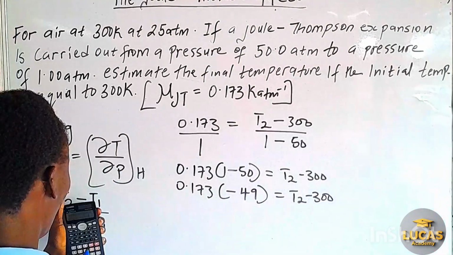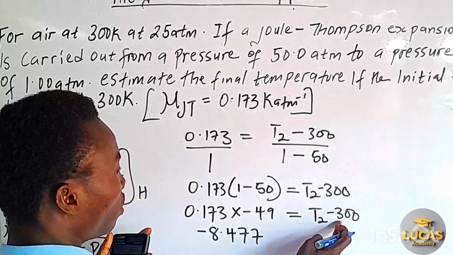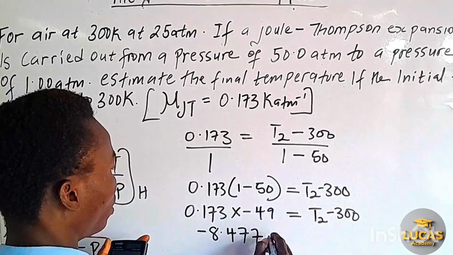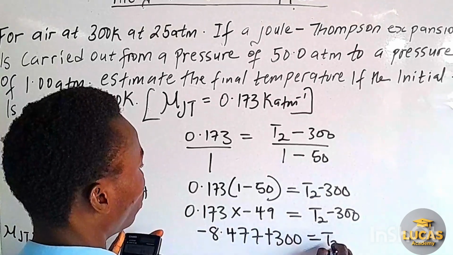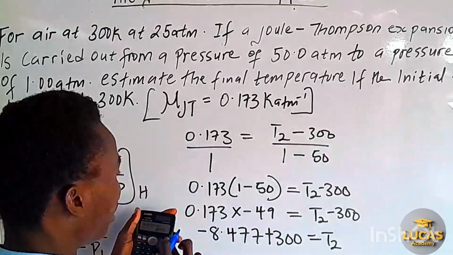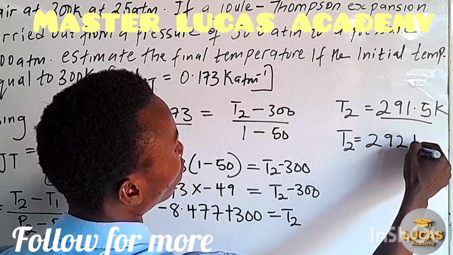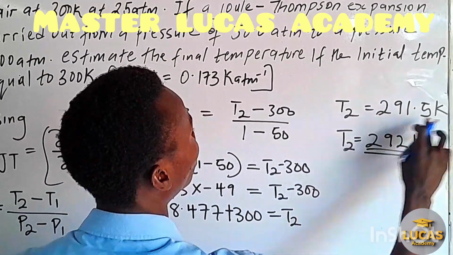With respect to the minus 300, arithmetic says when this crosses over, it will give you plus 300 equals T2. So the final answer is in Kelvin.